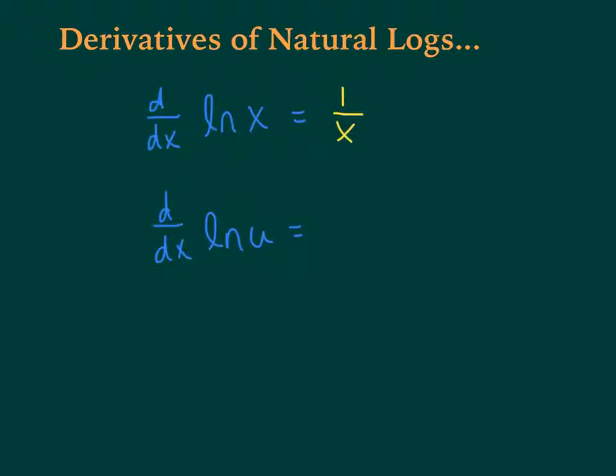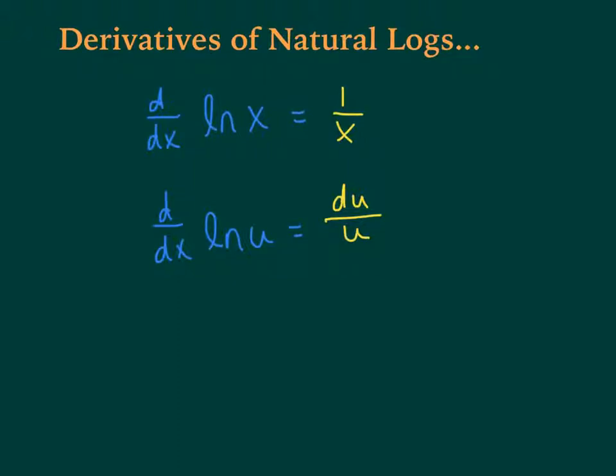Okay, so that was an easy one that you should know by heart and be able to get that answer right away. It steps up a little bit in complication when you have the derivative of natural log of u. Well, if you remember, we would do the derivative of u over u. Okay, and so those are our two rules for the derivative of natural logs.